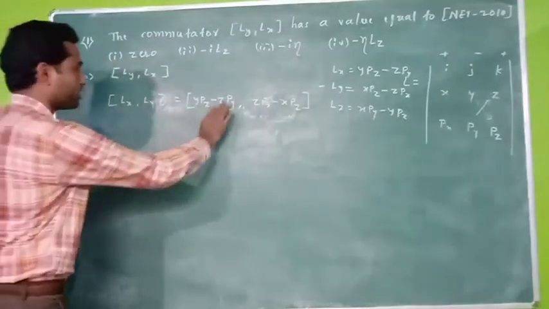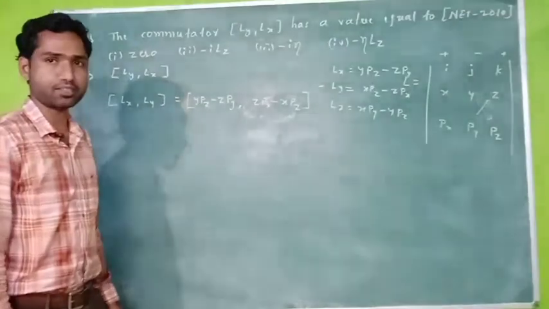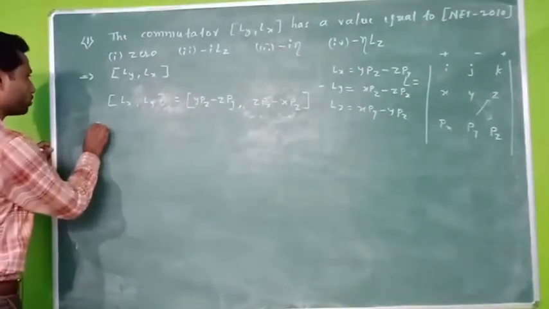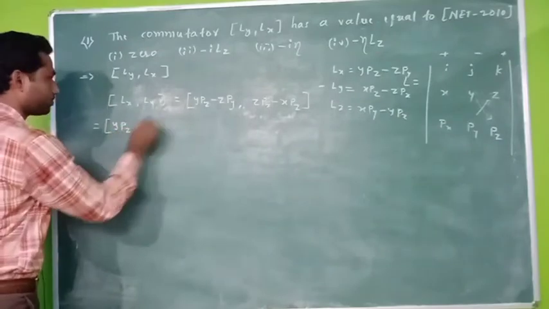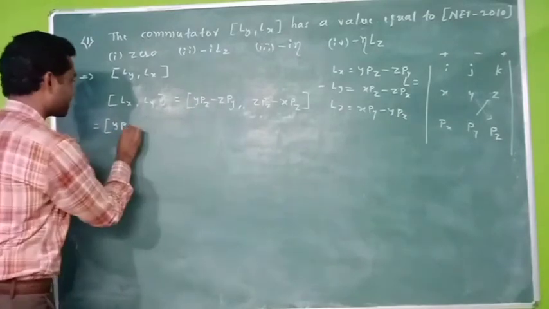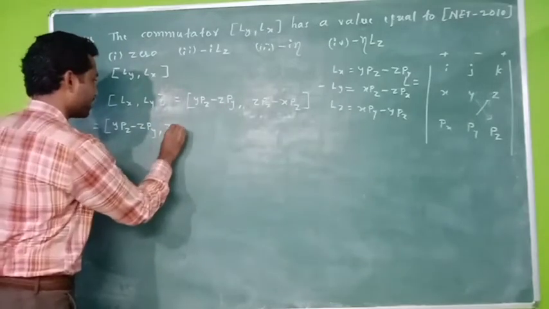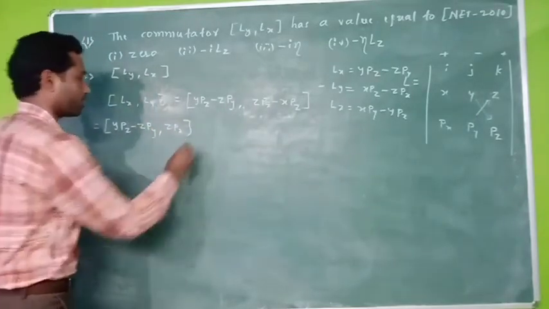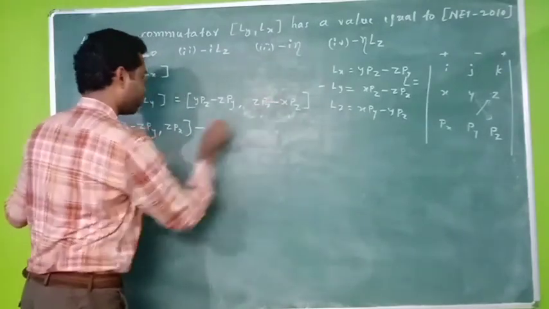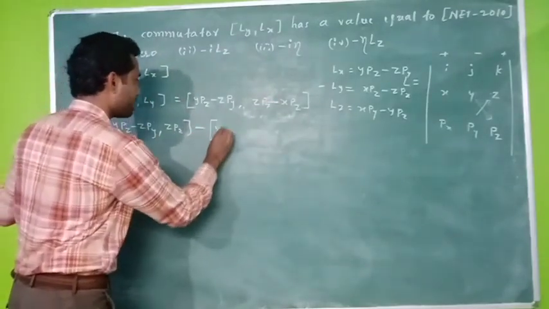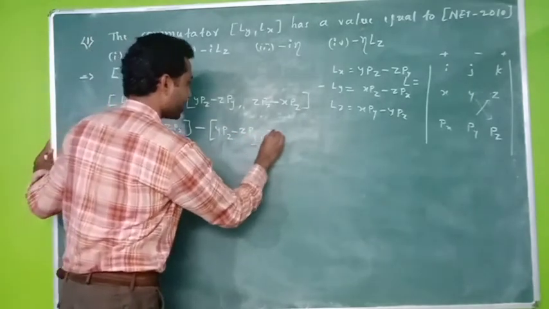This can be expanded by using the linearity property of commutators. So that is the commutator of (ypz minus zpy) with zpx, minus the commutator of (ypz minus zpy) with xpz.